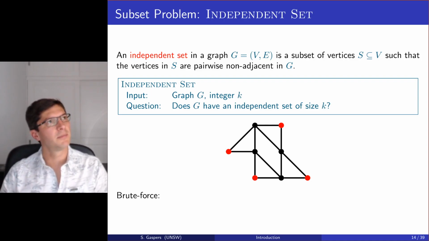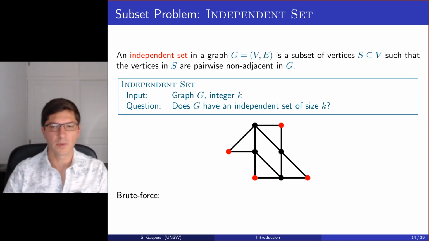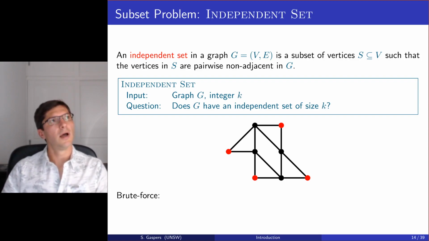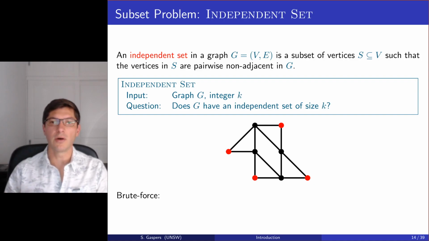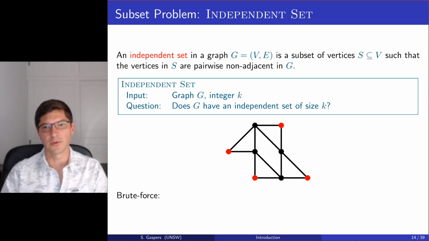But how much time does the guessing part take? If we want to guess a subset of vertices, or go through all subsets of vertices, how many are there? For every single vertex, we have two possibilities: either we put it in the set, or we don't.